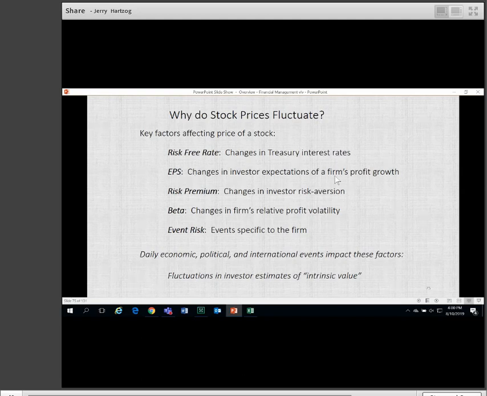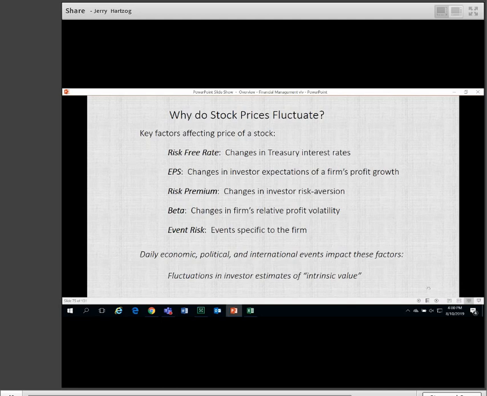Next, earnings per share. Quite often, investors change their expectations of a firm's profit growth, and that will affect the price. The risk premium is not necessarily a fixed number, and it varies.